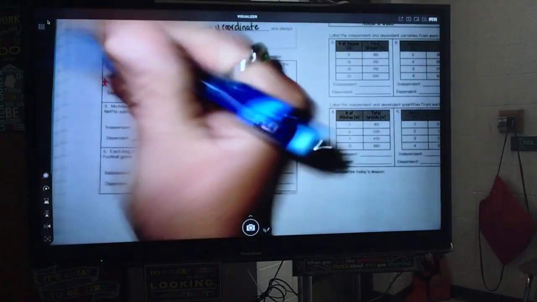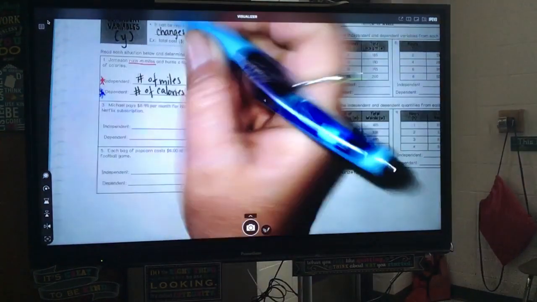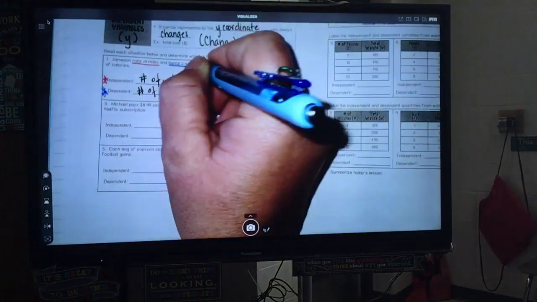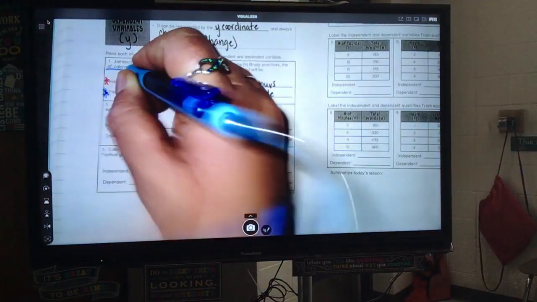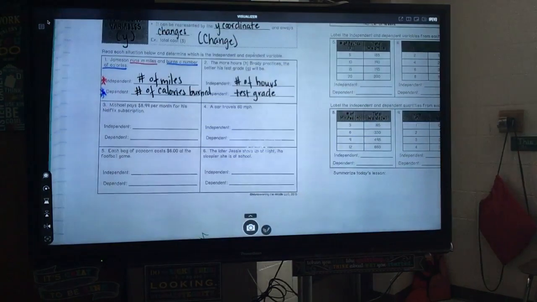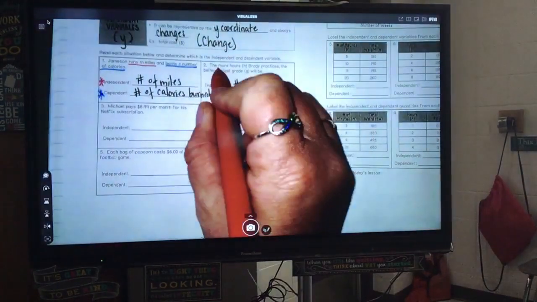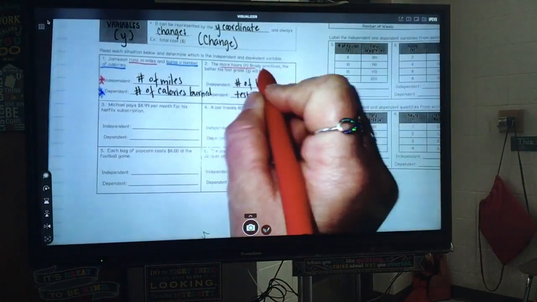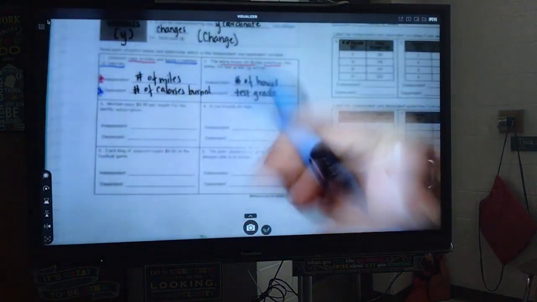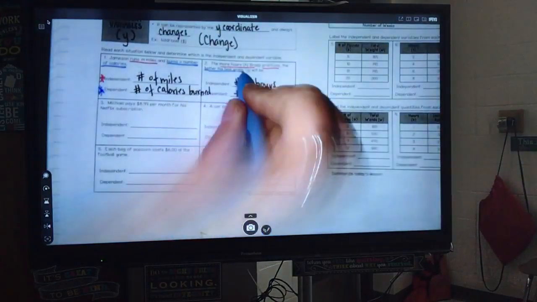For my dependent, it's going to be this blue, so I'm going to underline burns C number of calories. And the same thing over here: more hours practice, the better his test grade will be.